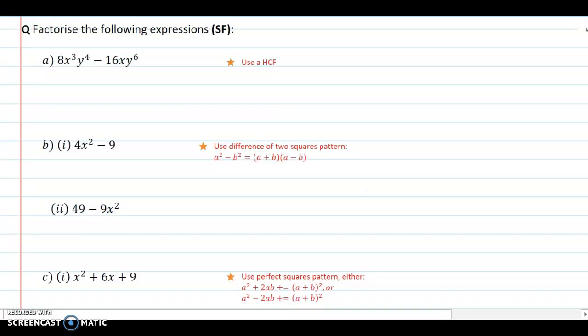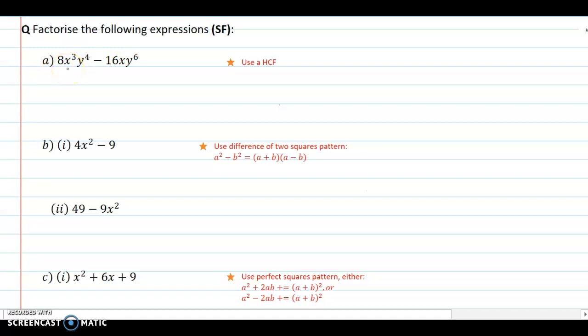Alright, so starting off, we start really simply and look for a highest common factor in this part A problem. So if we look at each term, do that methodical approach where you're looking at both terms in this particular expression and thinking about what's the highest common number I could remove out there.